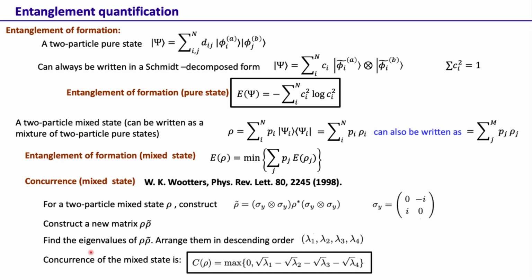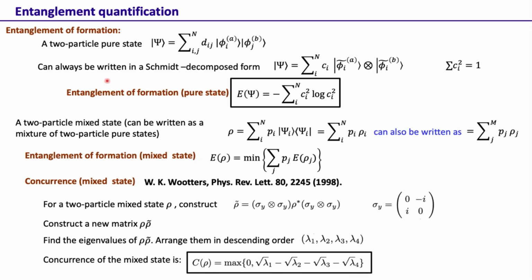This is the quantity that is mostly used for quantifying entanglement of a two particle two dimensional state. In fact, we can also use this quantity for a two particle pure state, but this is the generic formula for two particle two dimensional states.